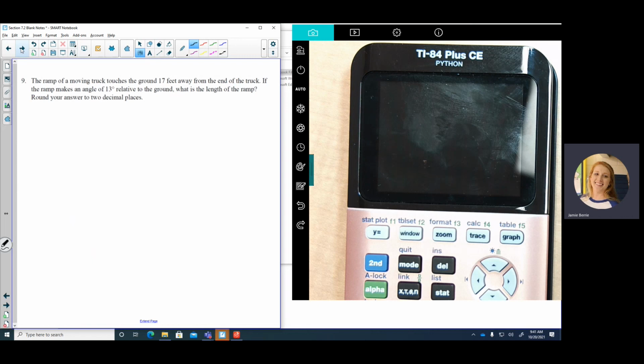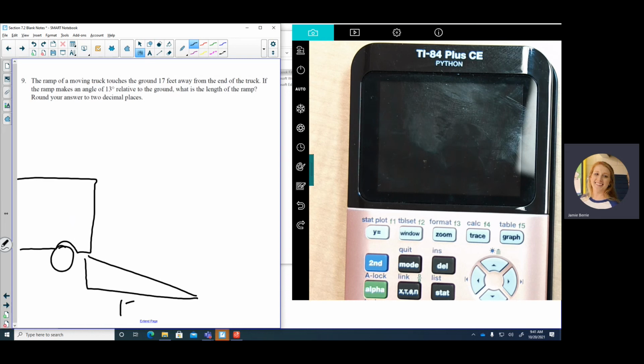So let's say here's a moving truck. So here's the truck, here's the ramp. It says the ramp of a moving truck touches the ground 17 feet away from the end of the truck. All right, so here's the ramp, here's the ground, 17 feet.